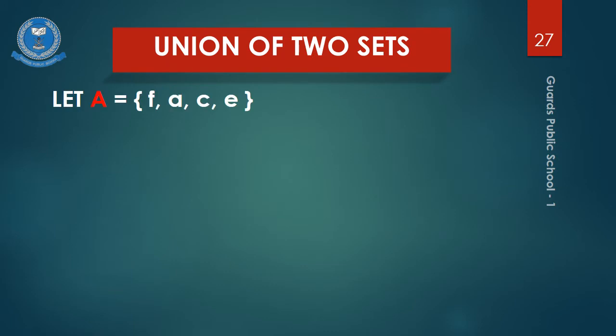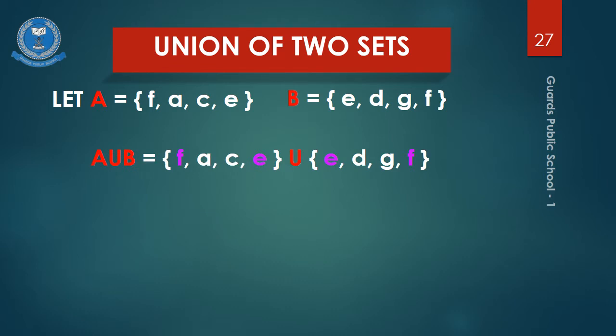For example, let A is equal to {F, A, C, E}, and B is equal to {E, D, G, F}. The question is to find A union B. Next step, list members.